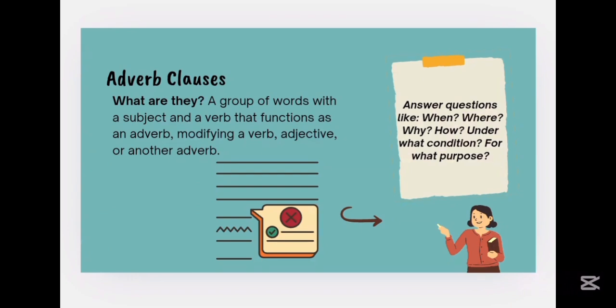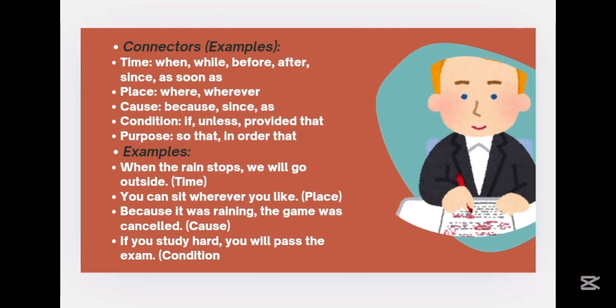A group of words with a subject and a verb that functions as an adverb, modifies a verb, adjective, or another adverb, and answers a question like when, where, why, under what conditions, for what purpose. An adverb clause often begins with subordinate conjunctions, which are words that connect the adverb clause to the main clause.